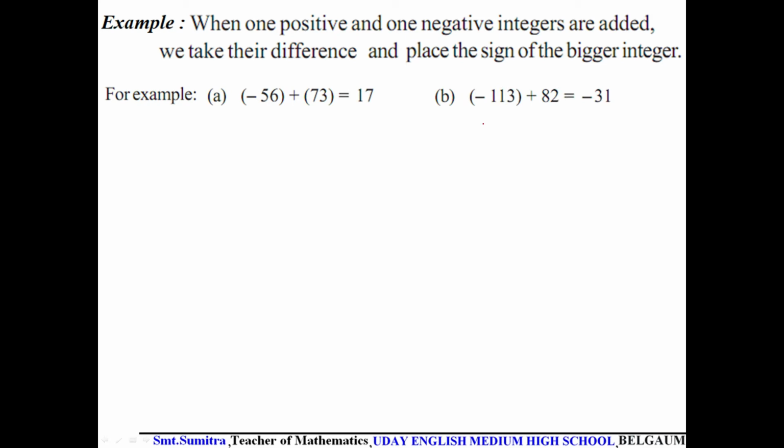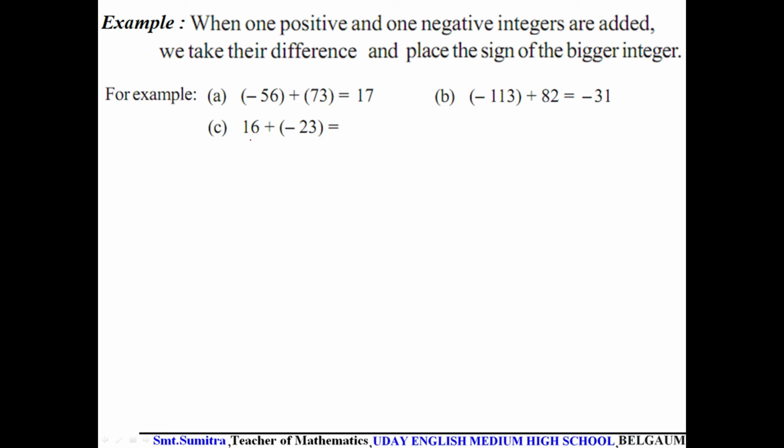Minus 113 plus 82 equal to minus 31. Why is it minus? Because 113 is having a negative sign. The bigger number's sign is to be given here, minus 31.